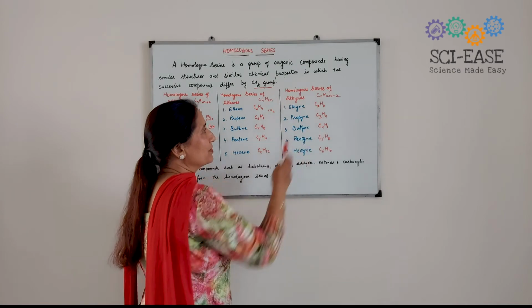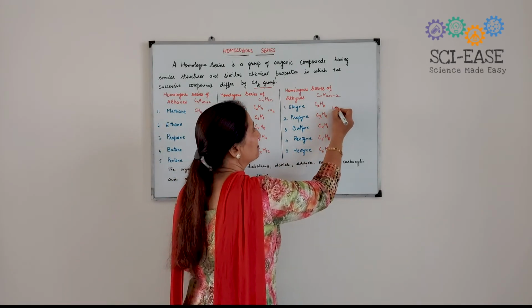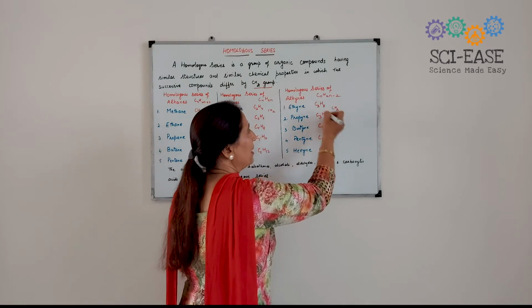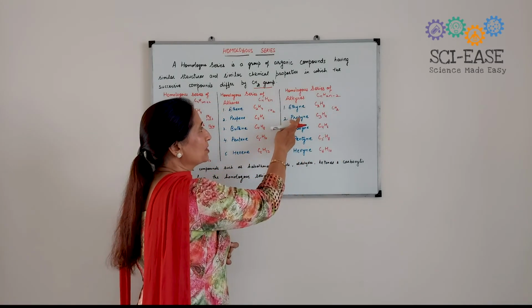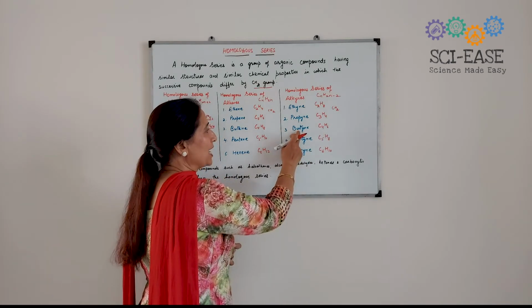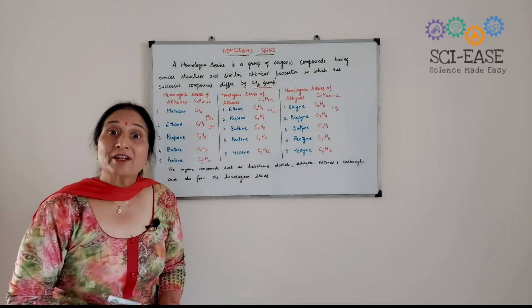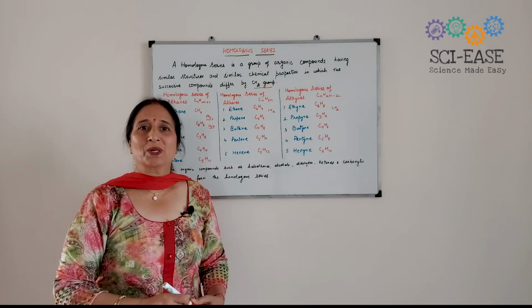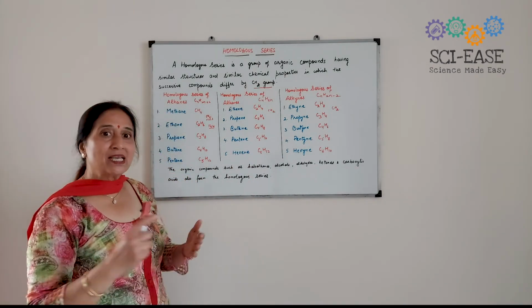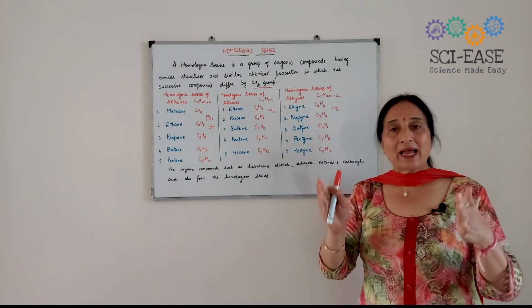So there is again a difference of CH2 between the two members. Between propyne and butyne, again a difference of CH2, butyne and pentyne, a difference of CH2, pentyne and hexyne, a difference of CH2. So this is the homologous series of the hydrocarbons, alkanes, alkenes and alkynes.